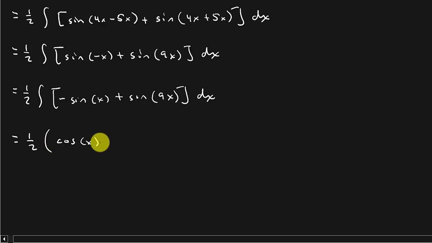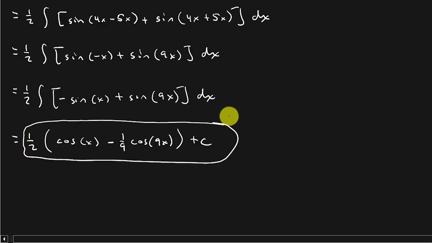And then we have the antiderivative of sine of 9x. Well, remember, we went over this before with the u substitution. That's going to be 1/9, right? So that's 1/9 cosine 9x, but it's what? Negative cosine. Antiderivative of sine is negative cosine. And then plus c. And so this is your answer. And if you wanted to, you could distribute the 1/2.